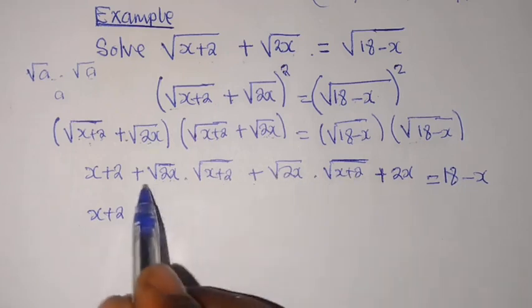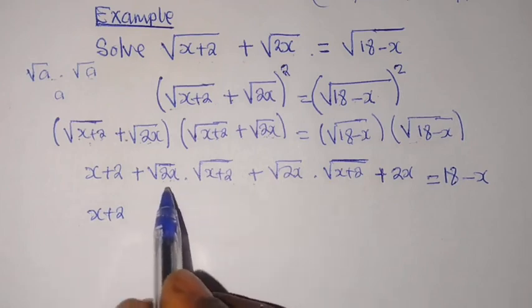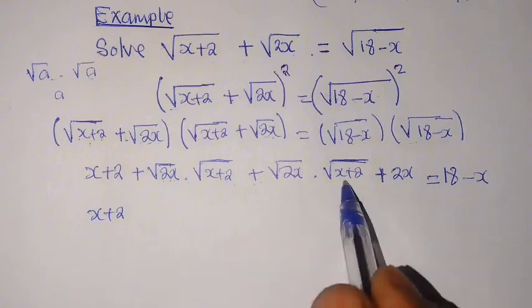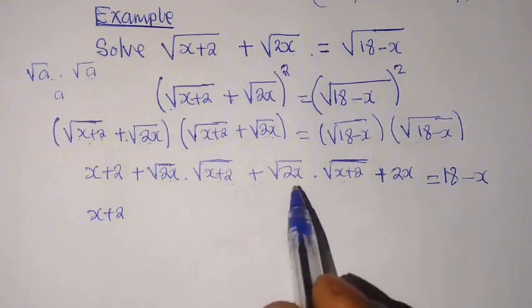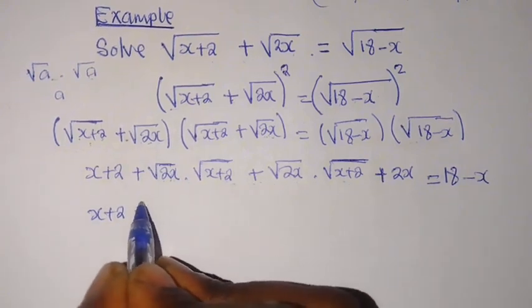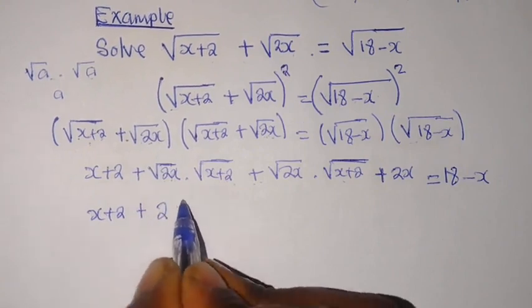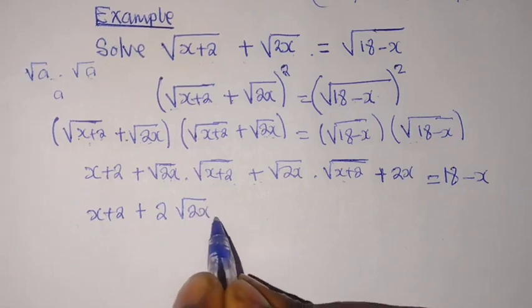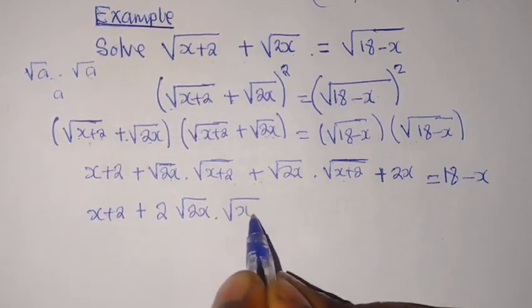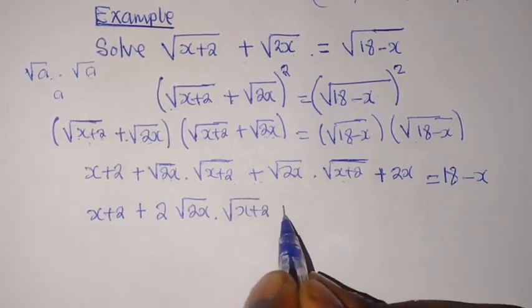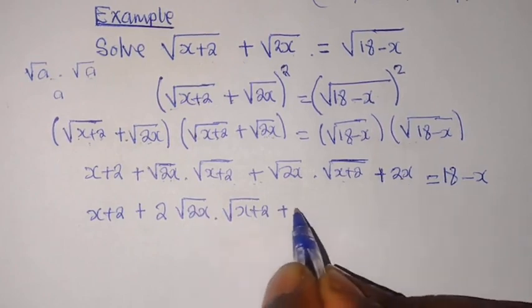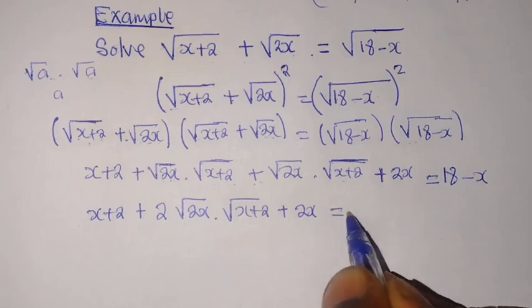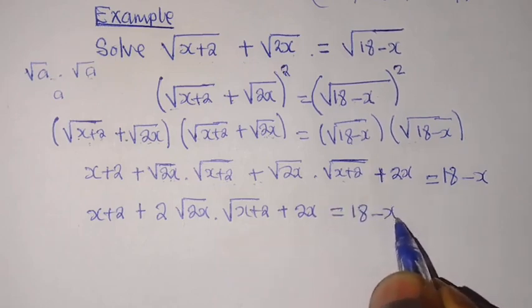So this and this are the same, so it means that this plus this we can add because we have same. So when we add them, we get plus 2. Then we just say root of 2x times the root of x plus 2. Then plus this 2x right here, which will be equal to 18 minus x.